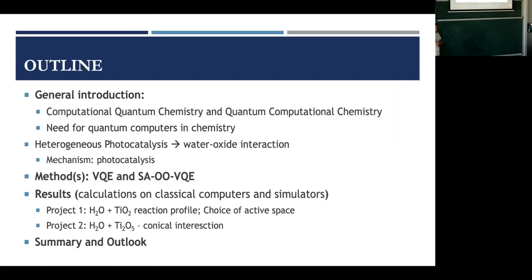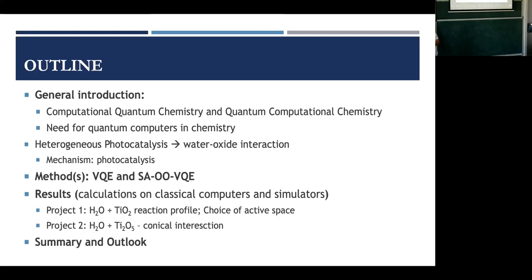Today's talk will go like this: first I'll introduce what computational quantum chemistry is, which is performing quantum chemistry calculations on traditional classical computers, then what quantum computational chemistry is, and why we need quantum computers in chemistry. Then I will briefly introduce the problem I've been working on, heterogeneous photocatalysis, and explain what a general photocatalysis mechanism looks like.